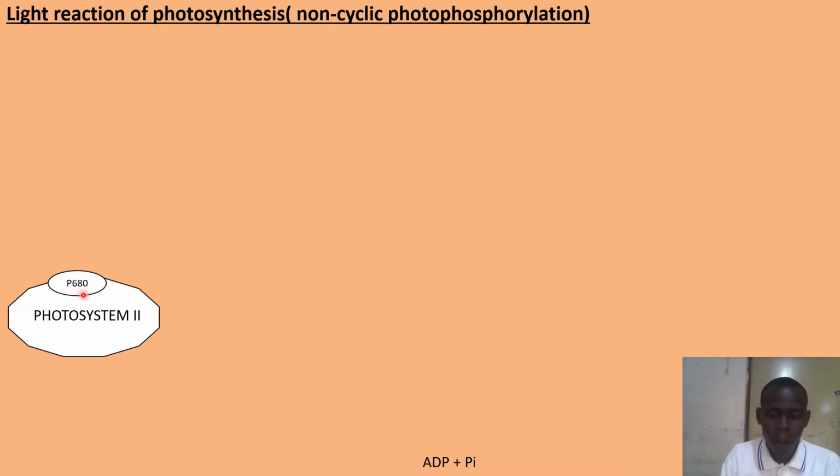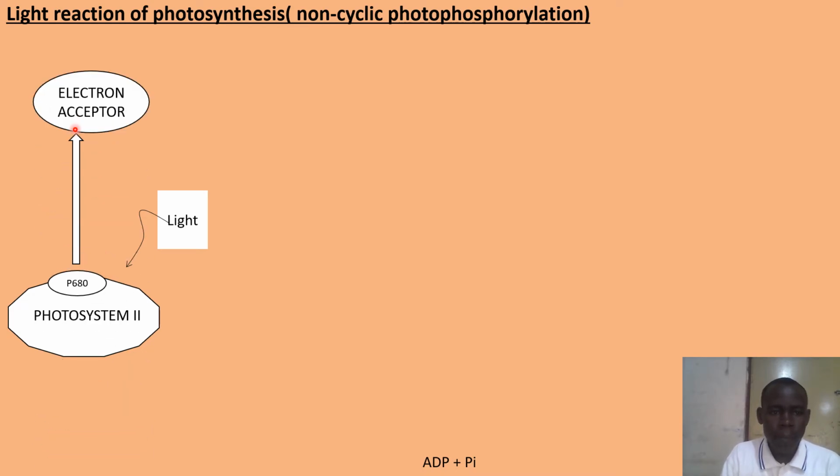When a photon of light strikes the photosystem, the electrons in the reaction centers are boosted to a higher energy level. At the higher energy level, they are accepted by an electron acceptor. This electron acceptor becomes reduced when it accepts an electron.